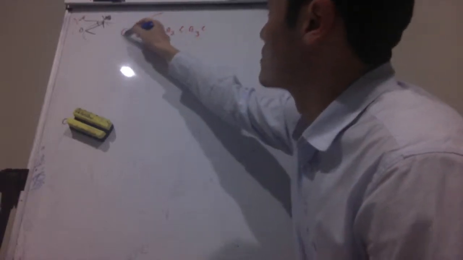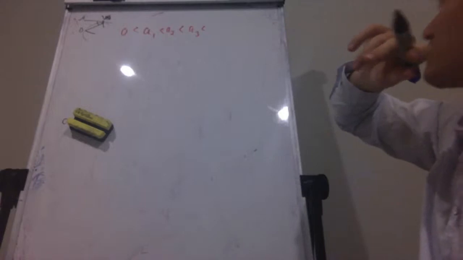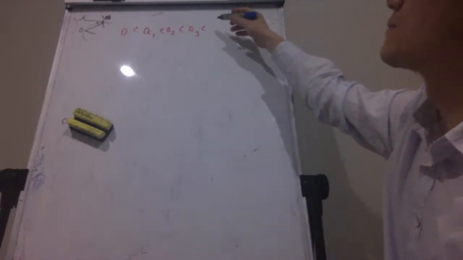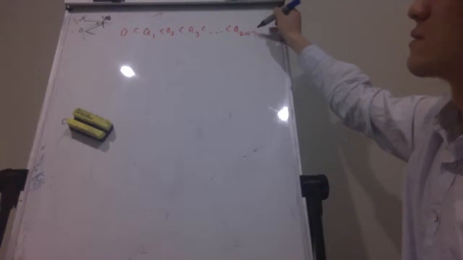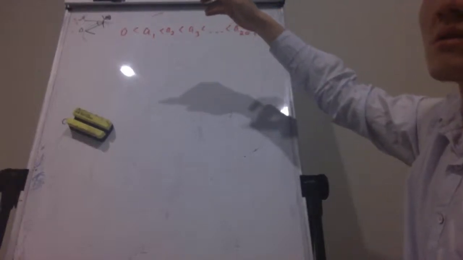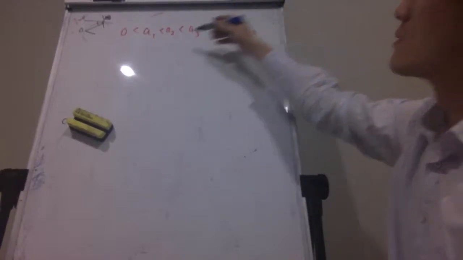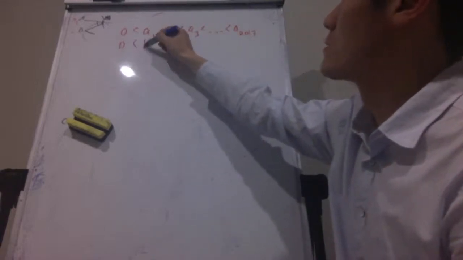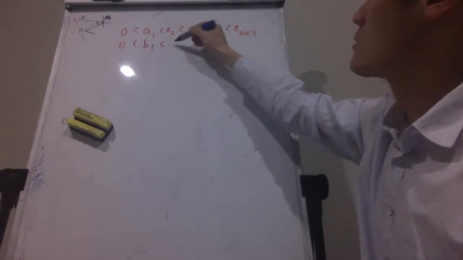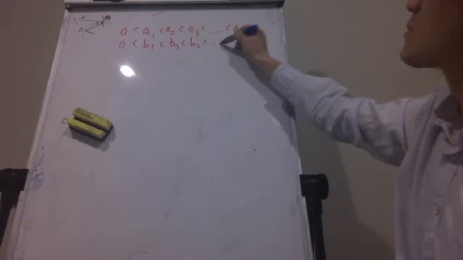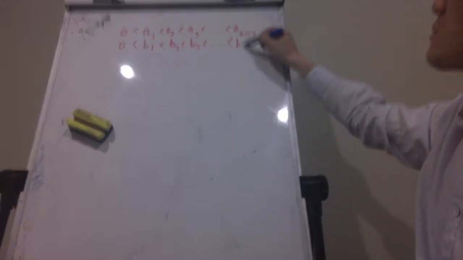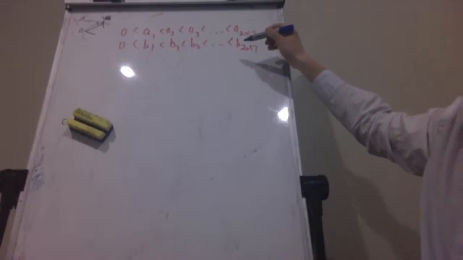So they're greater than 0. 2017. You got this one too, right? And you have the same for B. This has 2017 B's as well, right?